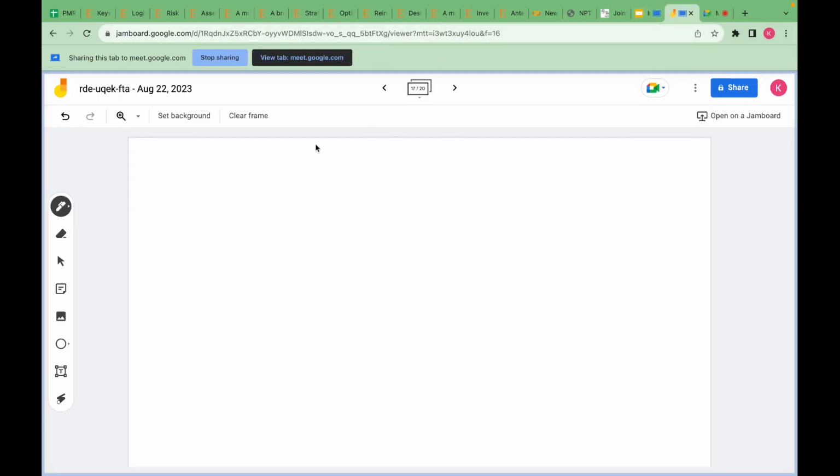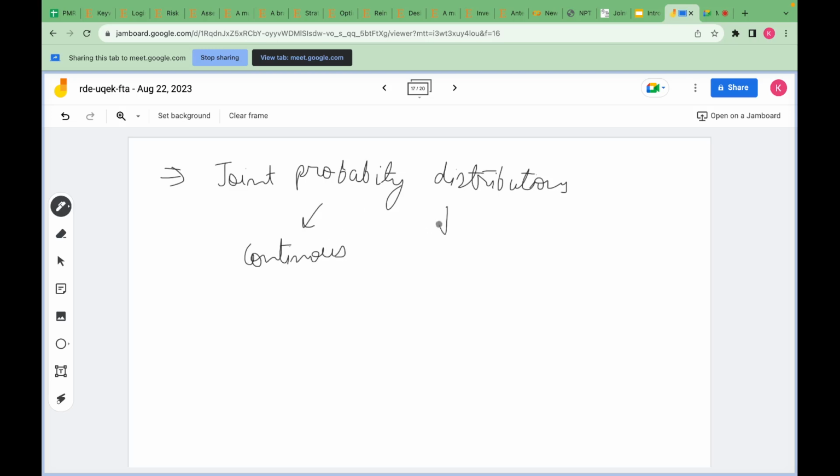So in today's session we talked about problems related to joint probability distributions for both continuous and discrete.